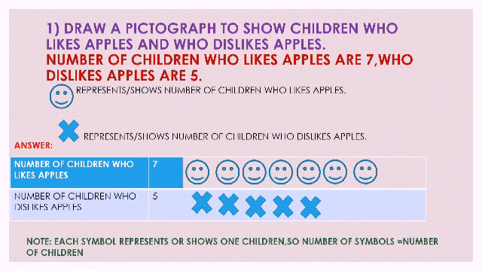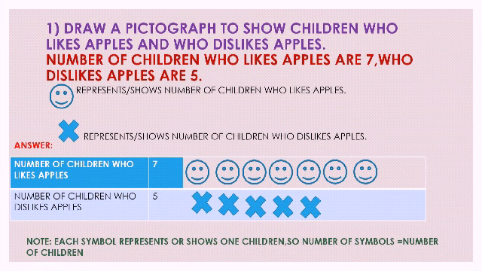Now, when you are drawing a pictograph, you have to choose a symbol. What do you mean by choose a symbol? Any kind of symbol. That symbol will show the number of people. Suppose here the smiley represents the number of children who like apples.